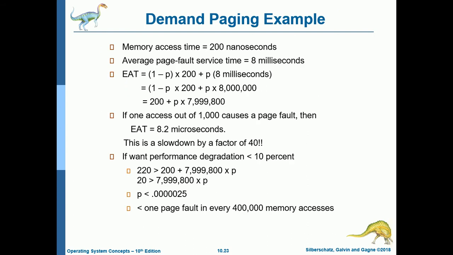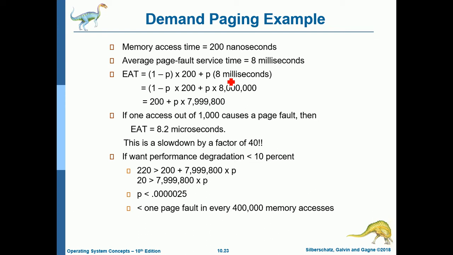Okay, demand paging example. For example, we have given variables here. Memory access time is 200 nanoseconds, and the average page fault service time is equal to 8 milliseconds. So EAT is equal to (1 minus P) times 200, plus P times the average page fault service time, which is 8 milliseconds.